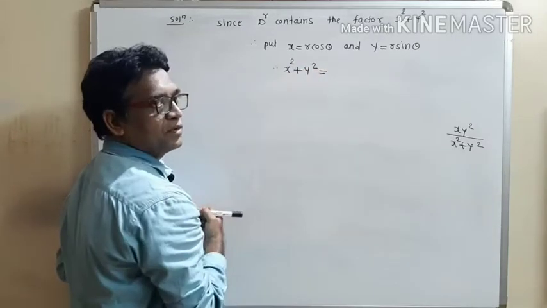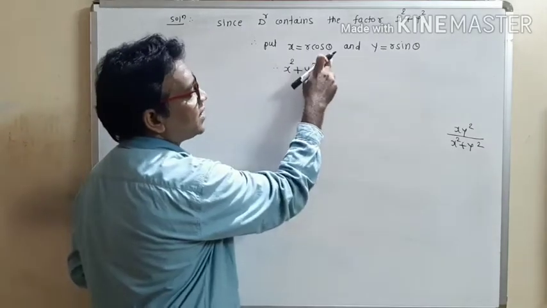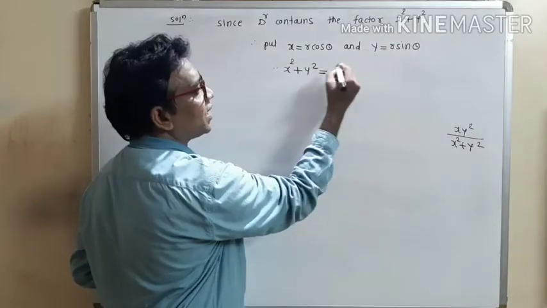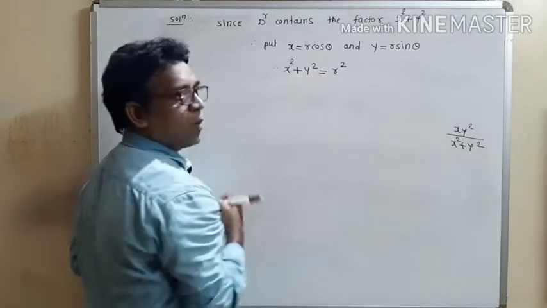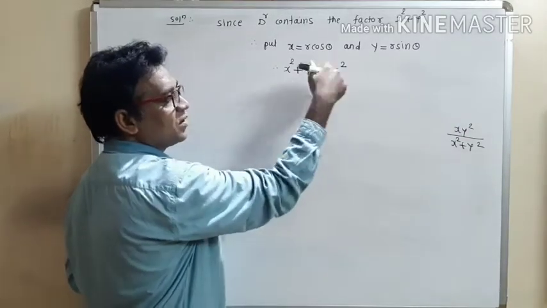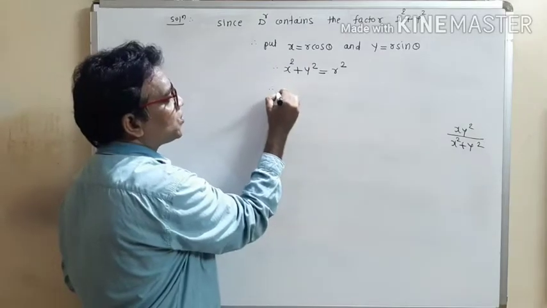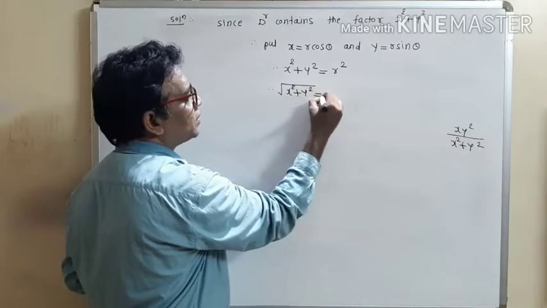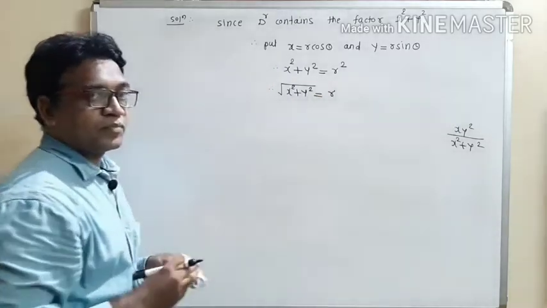This is equal to square of the right hand side, it is r square cos square theta plus r square sin square theta. So take out r square common, into bracket cos square theta plus sin square theta it is 1. So it is r square. Now take the square root. So this is under root x square plus y square equal to r.